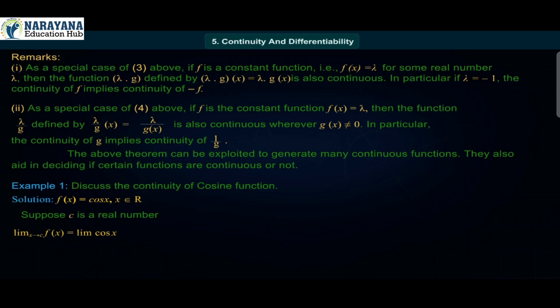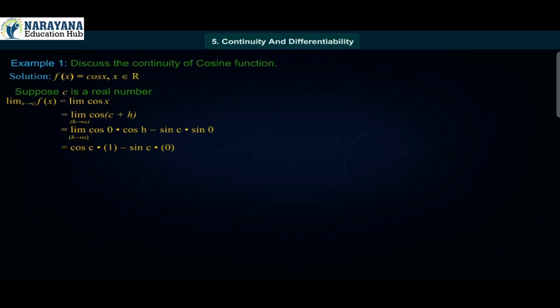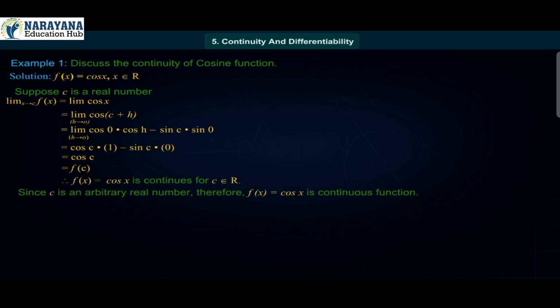Limit x tends to c, f(x) = limit x tends to c cos x = limit h tends to 0 cos(c + h) = limit h tends to 0 (cos c cos h − sin c sin h) = cos c × 1 − sin c × 0 = cos c = f(c). Therefore, f(x) = cos x is continuous for c belongs to R. Since c is an arbitrary real number, f(x) = cos x is a continuous function.